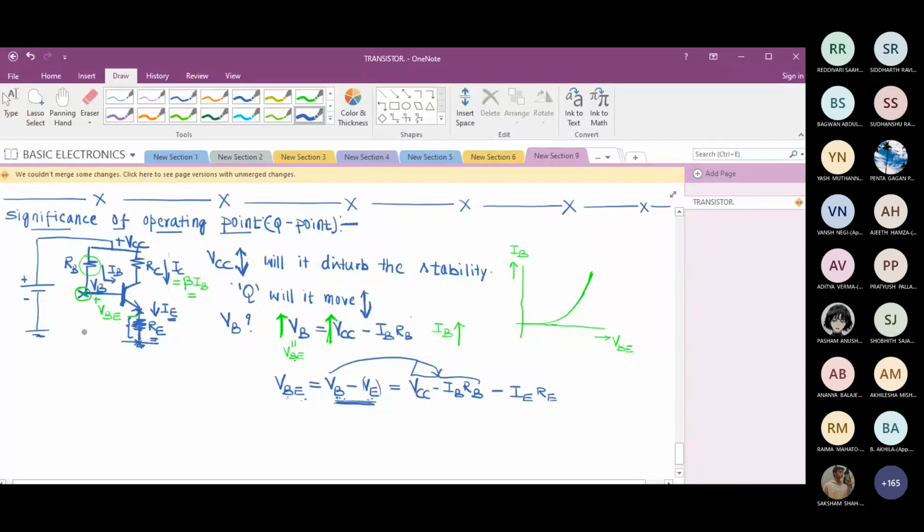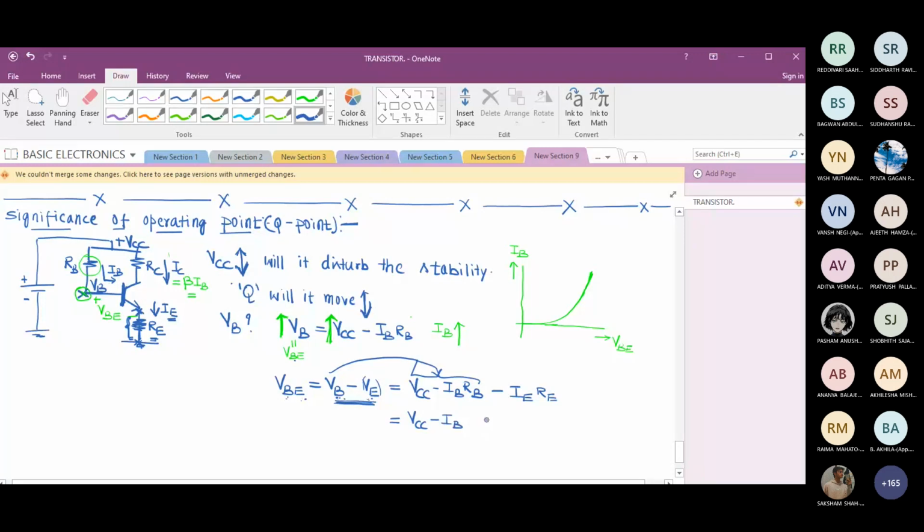So if I connect resistance RE to the emitter, what is the voltage across the emitter? Sir, IE RE. Is it not the drop across RE resistance? What is the voltage drop across RE resistance if IE current is flowing in this? IE RE. So this I can further write as VCC minus IBRB minus IE into RE.